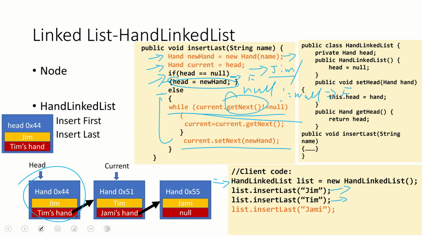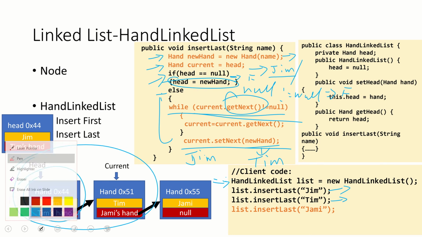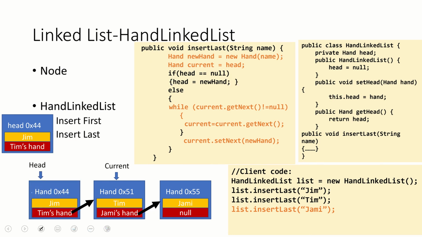We set the current next to the new one, right? So current is Jim, the new one is team. Okay, so right now these two link together. Then we go to the Jamie one. So we create a new one right here, and we make the current one the head. So over here, we need to make sure this link is empty or not.